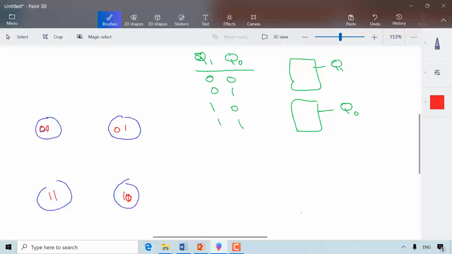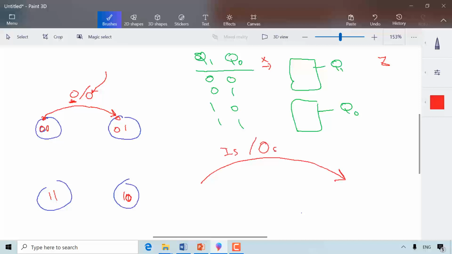Since I'm assuming that my circuit has an input X and an output Z, I will make a transition from this state to this state when X equals 0, for example, and an output of... so now notice what I'm doing here. I'm going from this state to this state when input equals 0, and when I make this transition, the output equals as such. So notice the transition that I'm making. I am giving the inputs slash outputs.